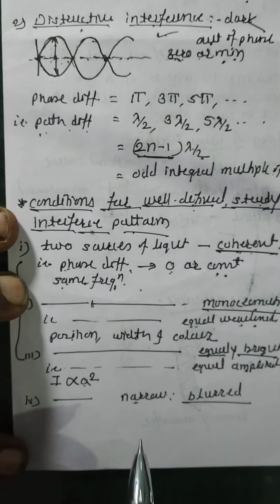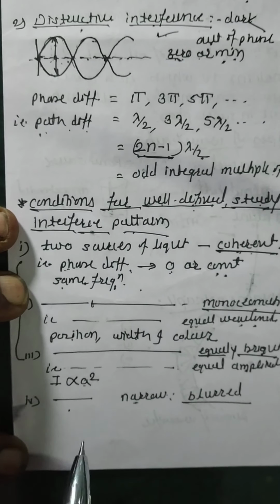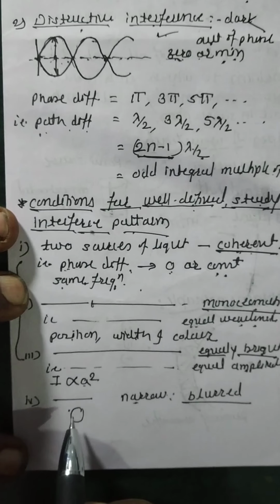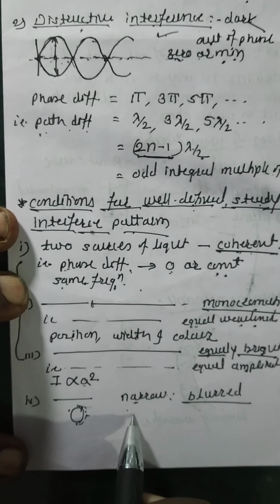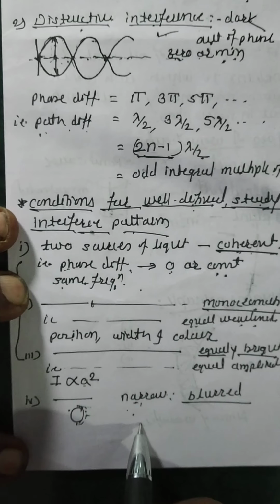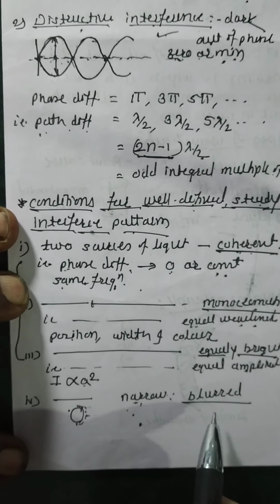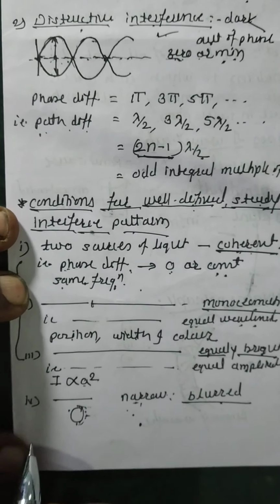The two sources of light must be narrow. If sources are broad, then the distances from different points along the slit to the given point on the screen are different, and hence a blurred interference pattern is observed.